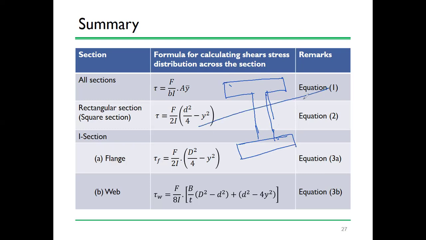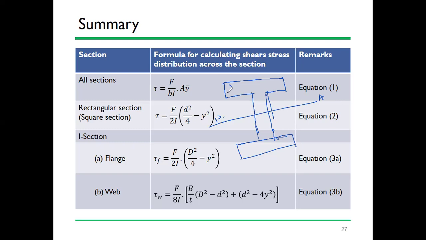Of course, the neutral axis is somewhere here. This is the neutral axis. And I believe we have learned how to find the neutral axis. That is the center of gravity. The line that passes through the center of gravity is called the neutral axis. In other words, the centroid for plane figures.